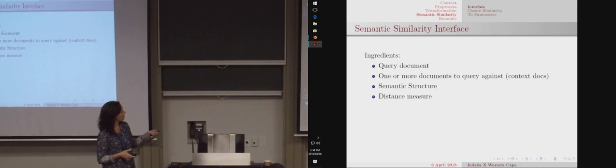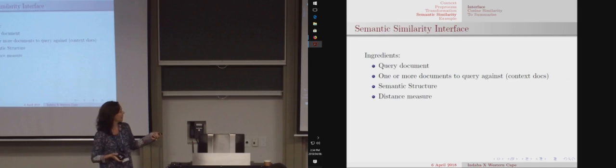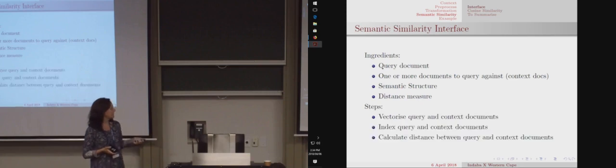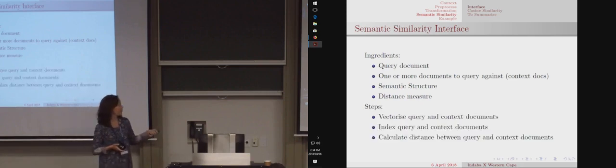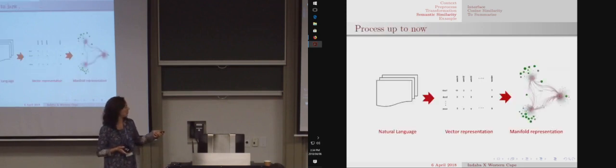So you also need your semantic structure. Remember, your semantic structure is your little amoeba there, your manifolds, the thing that you can't see. And then you need the distance measure. So those are the 4 things that you need. The steps are: first you need to vectorize your query and your context documents, so you get them all in this structure.